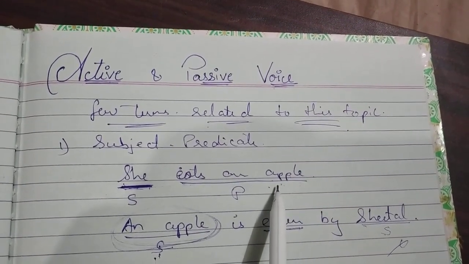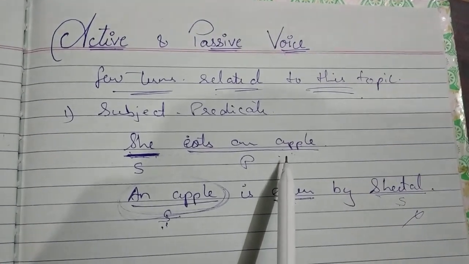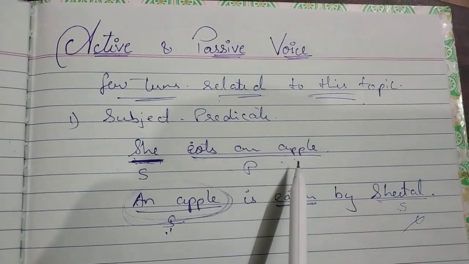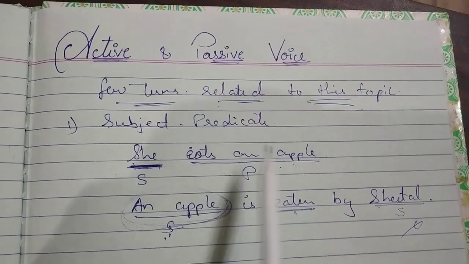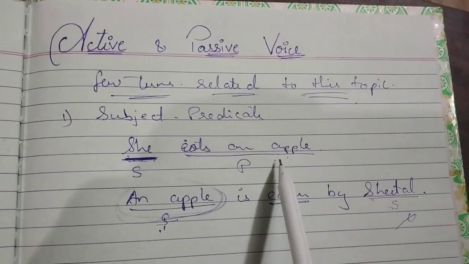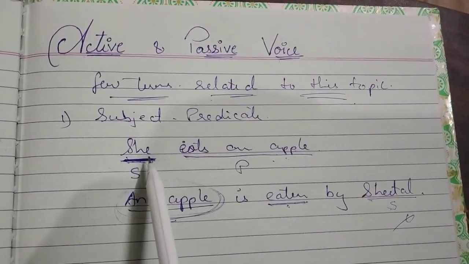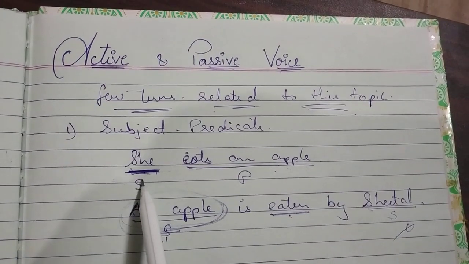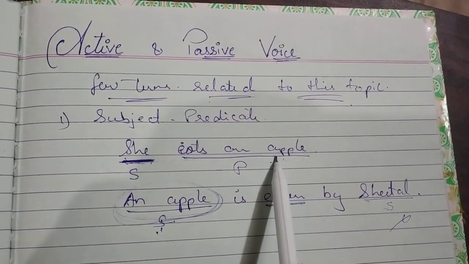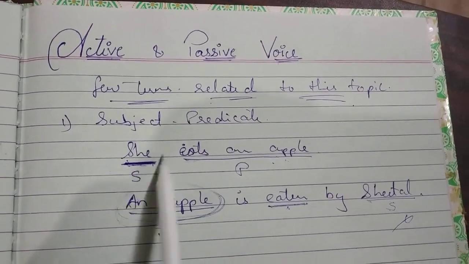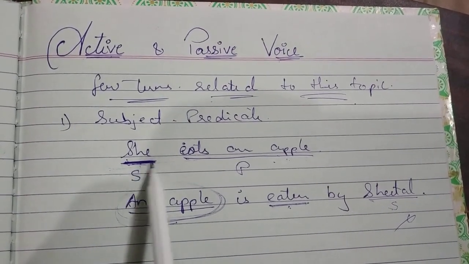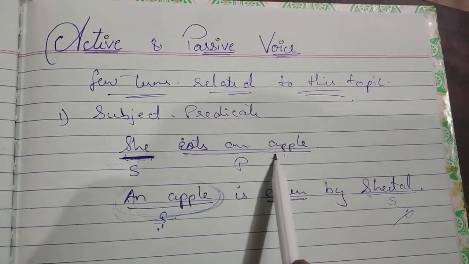Are you understanding the question which can arise in any student's mind? So always remember that if you are confused whether the sentence is speaking about she or about apple, subject always comes at the beginning. So obviously she is the subject, not an apple.